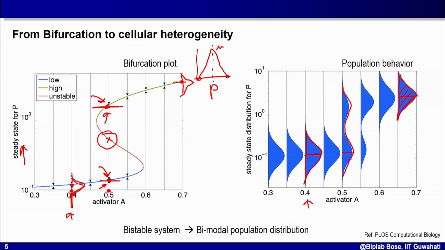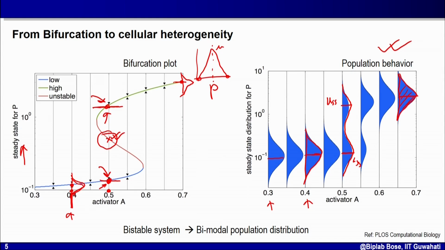This lower peak is the average value coming from this lower steady state, and this peak is coming from the upper steady state, and both of them are stable. No cell will reach this intermediate steady state which is unstable. So what is happening here? If you follow this population behavior data, when the signal is low, I have a population of cells where the amount of protein in these cells is distributed around a single mean.